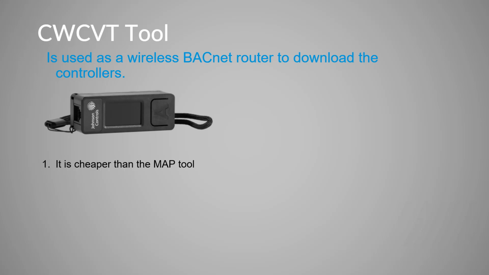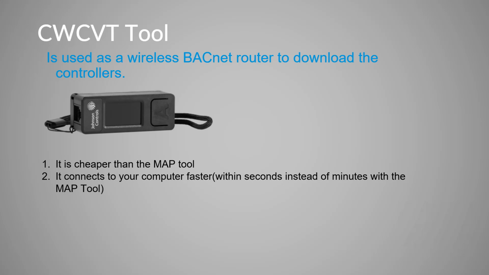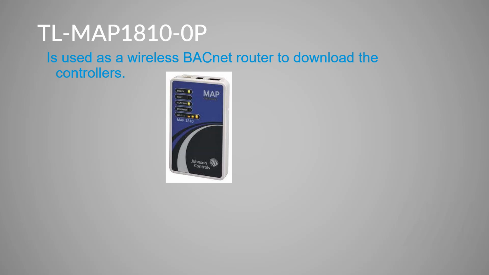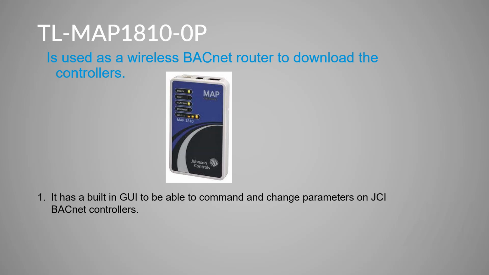It's cheaper than the map tool, and it connects faster to your computer. And then you have the map tool. This is a very expensive device, but it does have a GUI built in. I'll be showing you that here in a second, where you can actually see the points and command the points via the GUI instead of going in CCT every time.